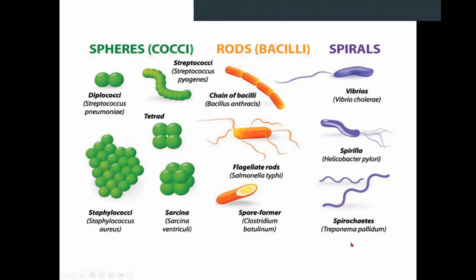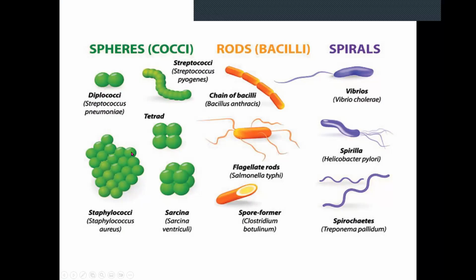So they look different. That's the spheres here, the cocci, the circular. They don't usually occur singly. They often occur as doubles, the diplococci. So you may have heard of the streptococcus, the pneumonia, and they're the short ones. The longer strips are like a little string of balls.